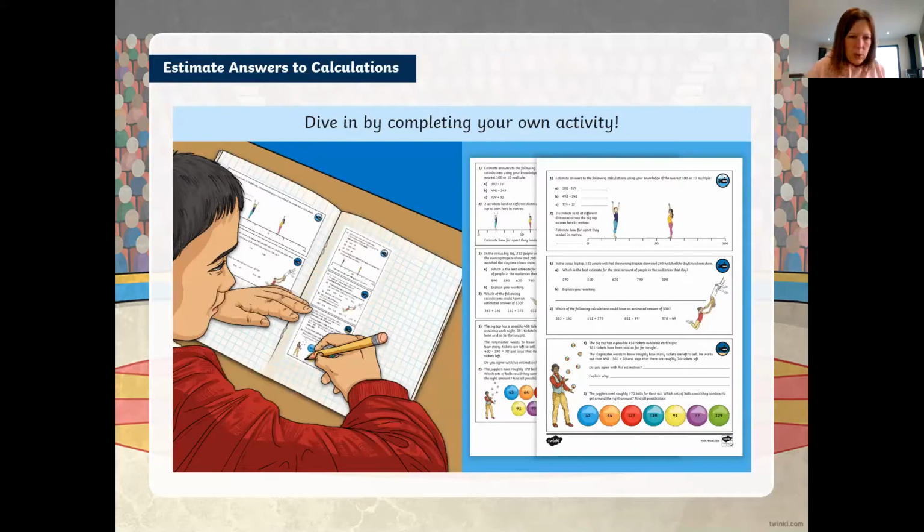So you have got in the folder today a sheet that looks like that you can see on the screen there. Now the questions are very similar to the questions that we've just gone through on the PowerPoint today.